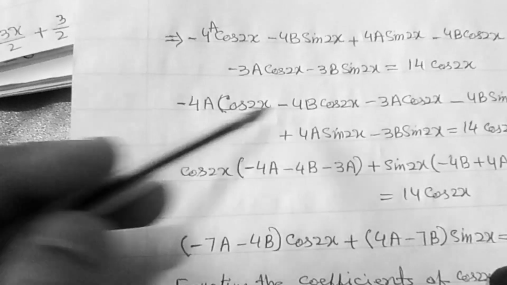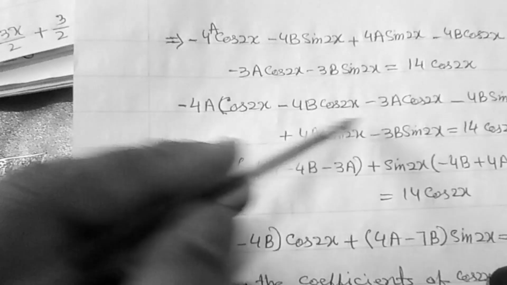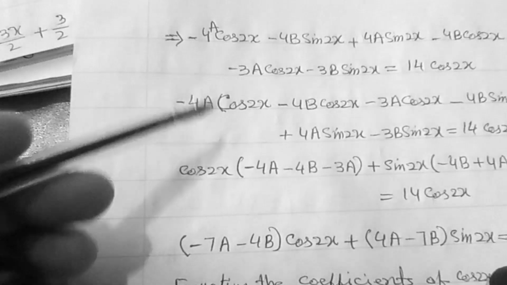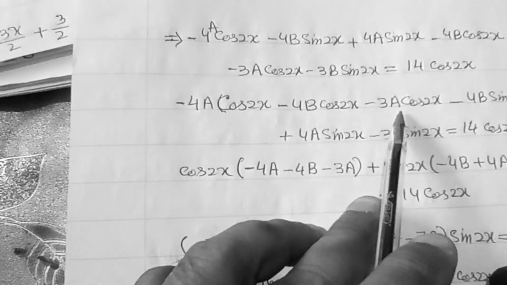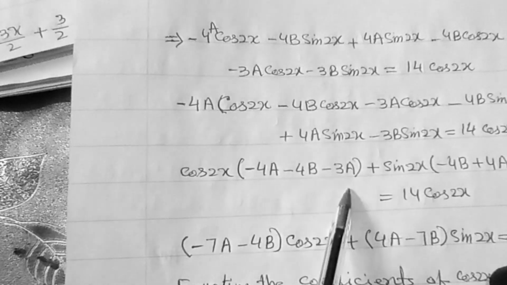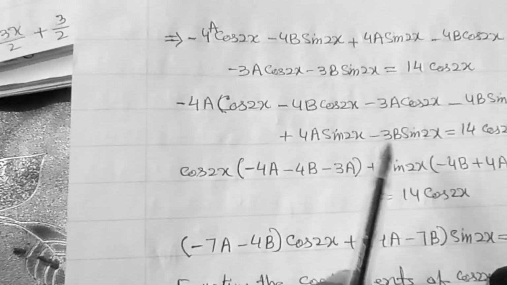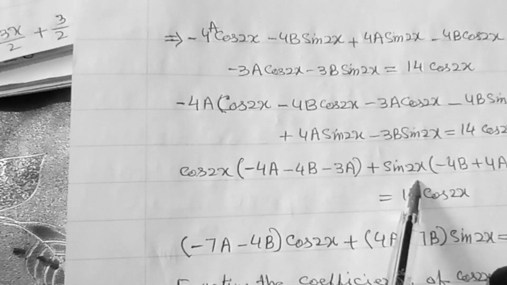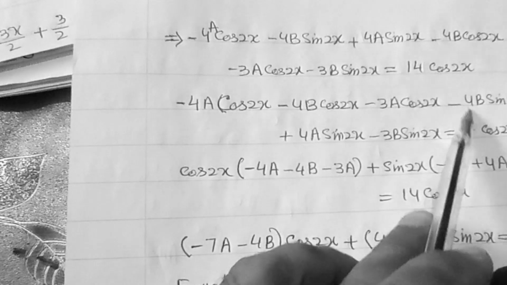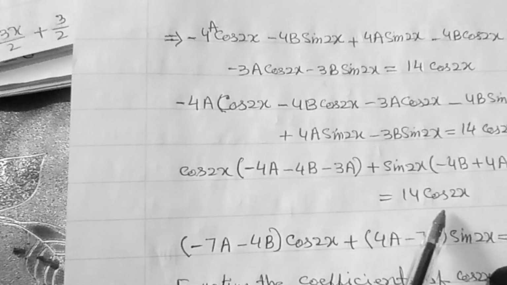Those terms consisting of cos we are writing together, and those consisting of sin together. So in these three terms taking common cos 2x, the remaining terms would be minus 4a minus 4b minus 3a. And from these three terms taking common sin 2x, the remaining terms would be 4a minus 3b and minus 4b. These remaining are equal to 14 cos 2x.